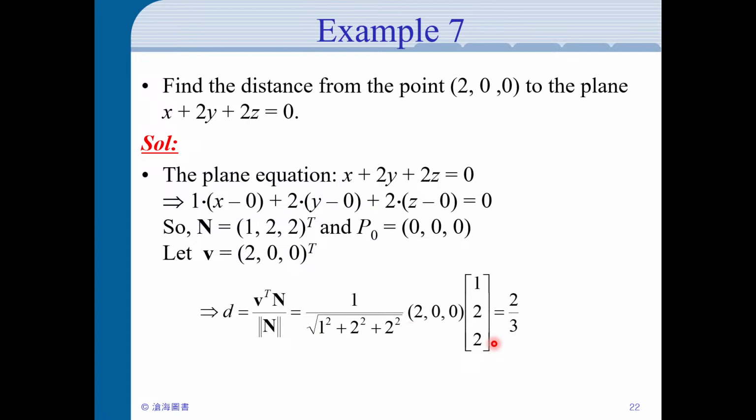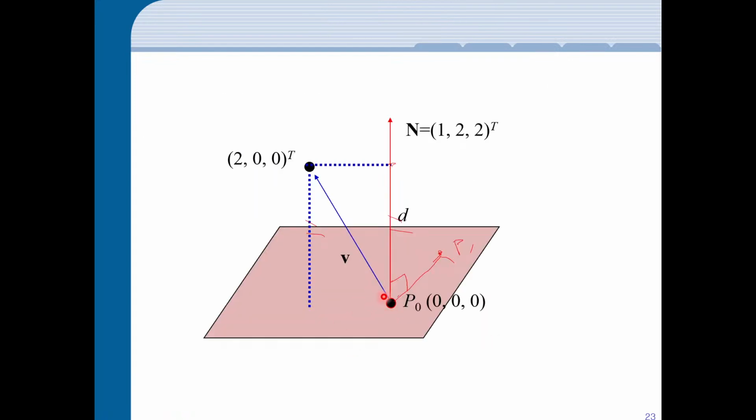It's a bit complicated, but here is something a bit funny. The point p0 can actually be chosen arbitrarily. You can choose whatever point is in this plane, and there are lots of points in this plane, and you should get the same result.